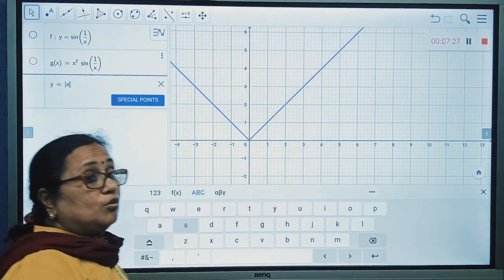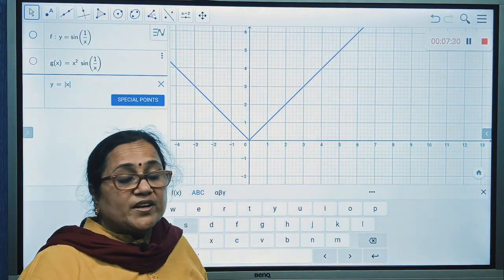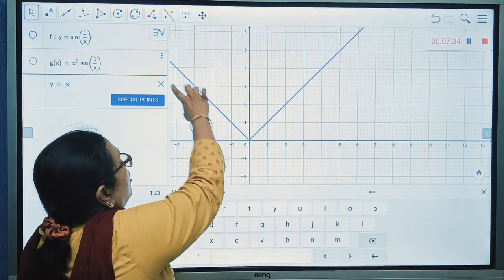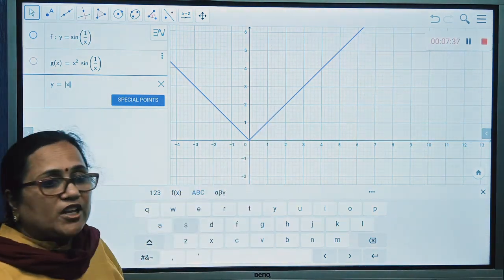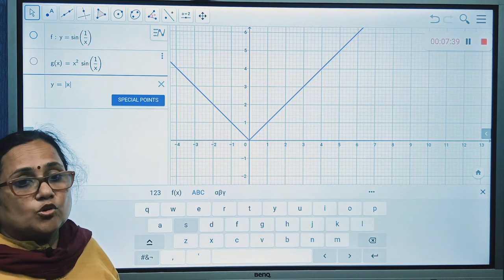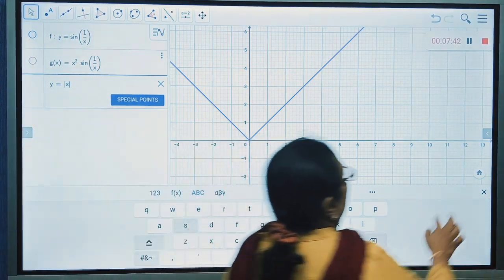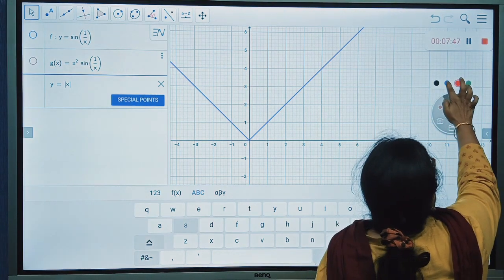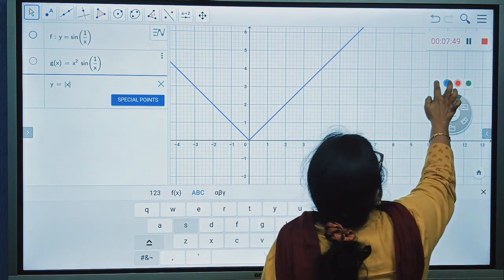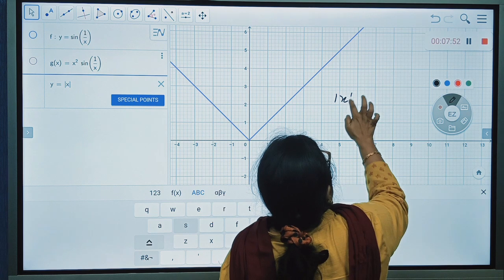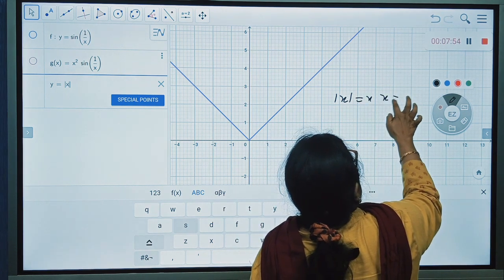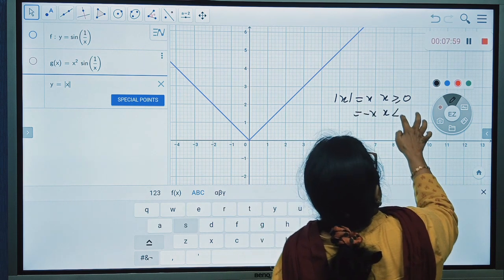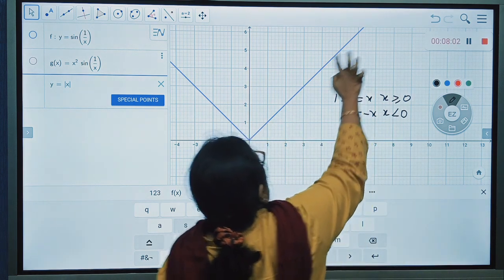I also told you that you should have an intuitive understanding of the meaning of continuous functions. If you can draw the graph of a function without lifting your hand, then it represents a continuous function. By definition of mod x, we know that mod x equals x when x is greater than or equal to 0, equal to minus x when x is less than 0.